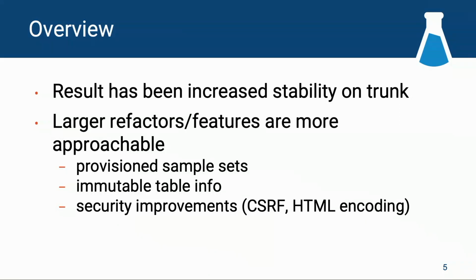A lot of the results have been increased stability on our branches, on trunk in particular. And this is a pretty big philosophical change from software development in general, and also LabKey, where not very long ago, in our 4-month development cycle, we would see a lot of instability, especially in the early releases.